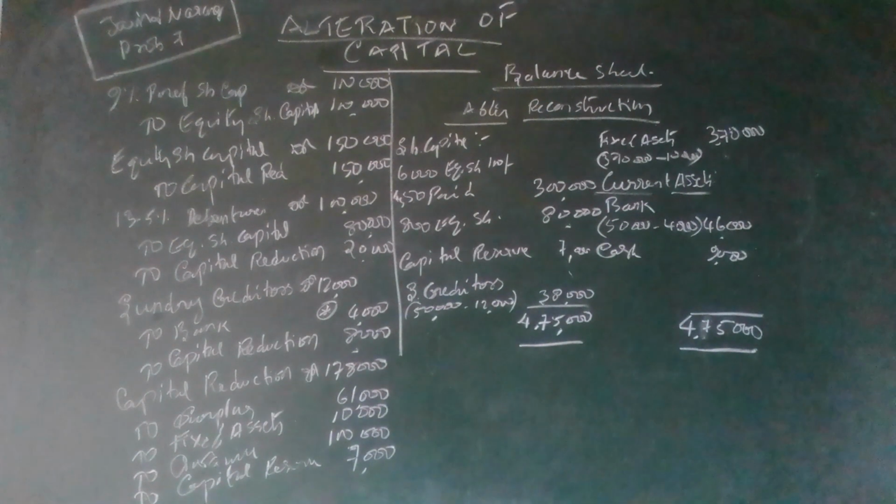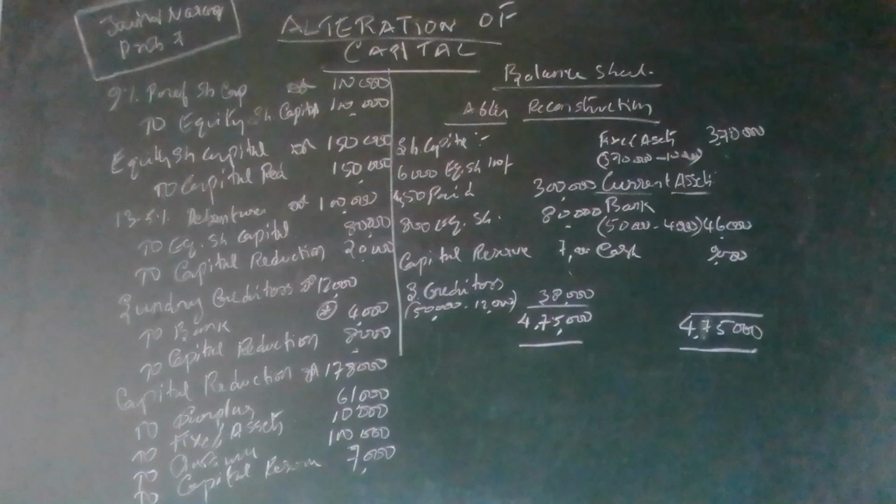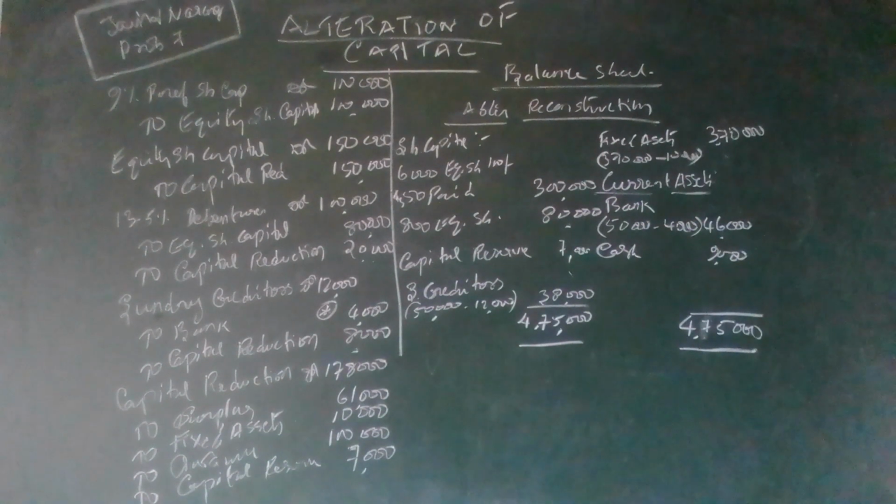Then the next important point is that unsecured creditors are to be paid. Please put a mark on this point. This is point number 6. Unsecured creditors are to be paid immediately to the extent of 10% of the claim, and they are accepting a remission of 20% of their claim. What is the amount of unsecured creditors? It is 50,000.